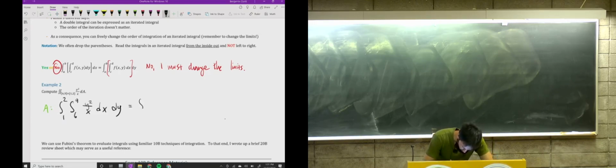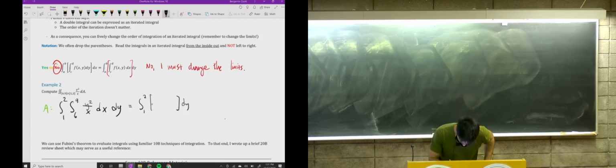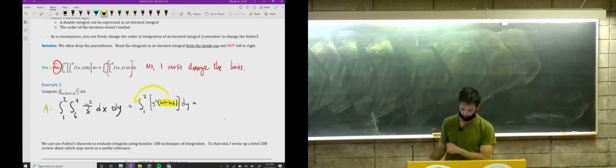So this will equal the integral from 1 to 2 dy of an answer I actually already calculated, which was, what was it? It was y squared ln 9 minus ln 6. And the ln 9 minus ln 6 part can actually be pulled in front as a constant.